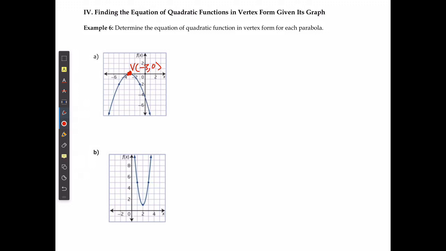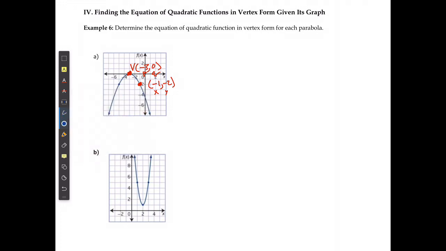I might even label it as my vertex with V. That's my p and my q values. Then I'm going to pick another point that the graph clearly goes through, in this case (-1, -2), and there's my x and y values. And I'm going to use this to solve it just like we did on the last page.